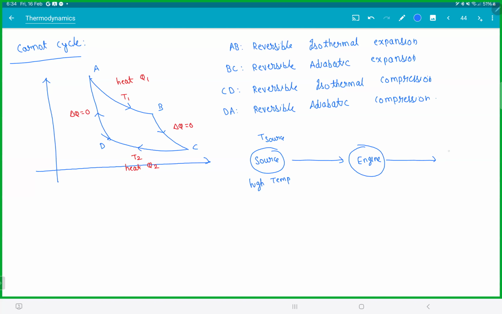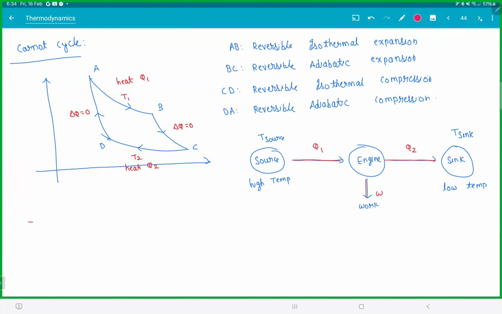The engine gives you some work, but also some heat is rejected to the atmosphere. We call it the sink. Basically, sink is anything which is low temperature. So it takes heat Q1 from the source, rejects Q2 heat, and you get some work W.